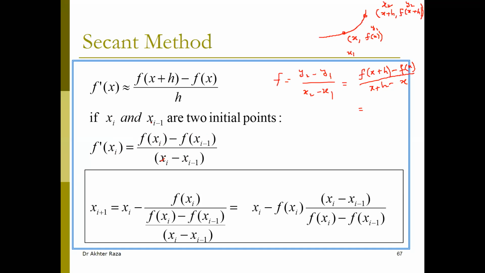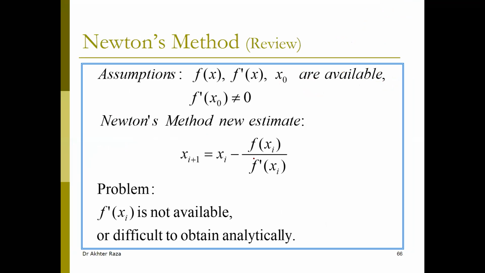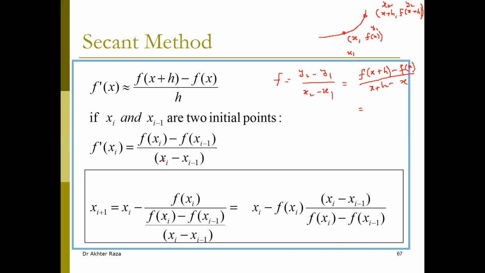So what did secant do? Secant did nothing. Secant just plugs in this derivative here in this formula. The formula of slope is substituted here. So you can see that the formula of slope is here in the denominator.